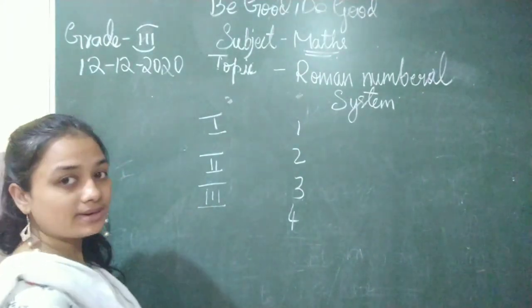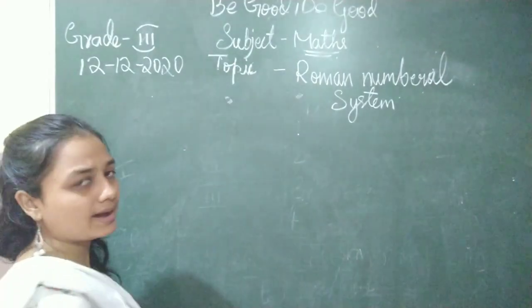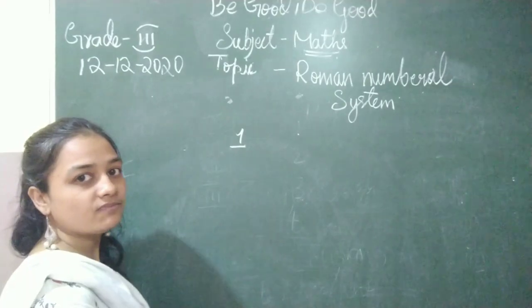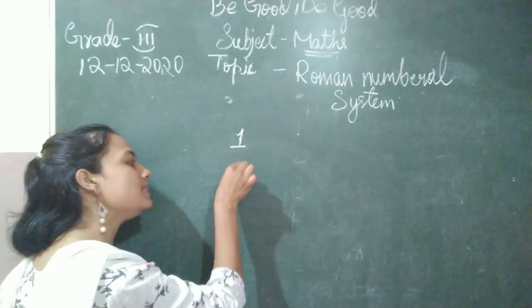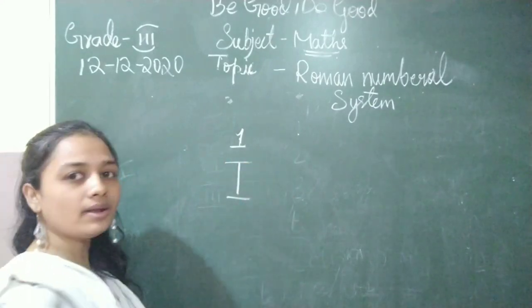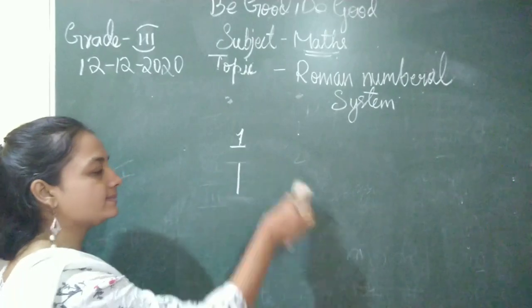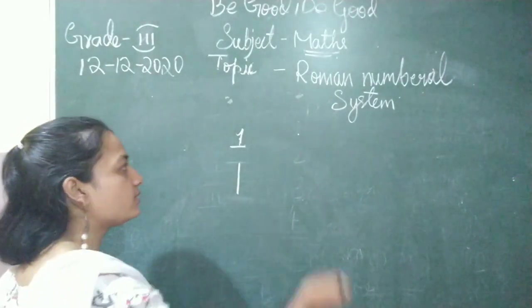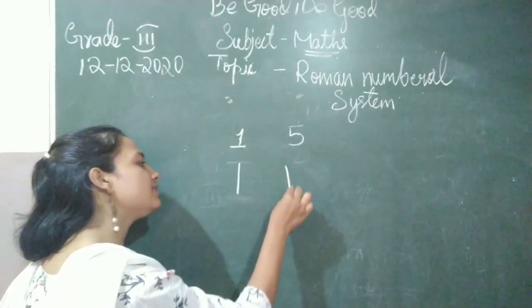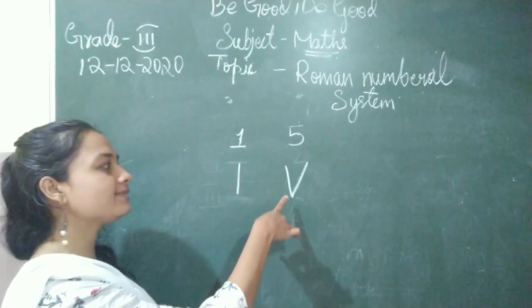There are a few important symbols that you have to keep in mind. For number 1, we always use the symbol I. We can write it like this or just represent it with a straight line, I. And for number 5, we have the symbol V. You see this in your English alphabet?